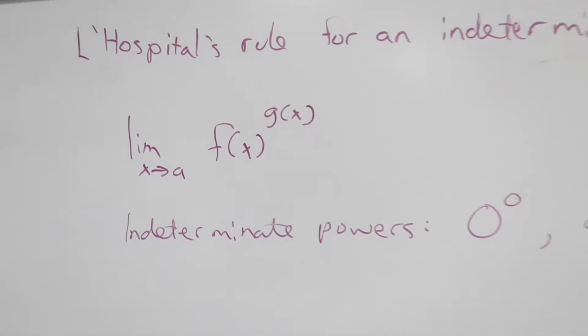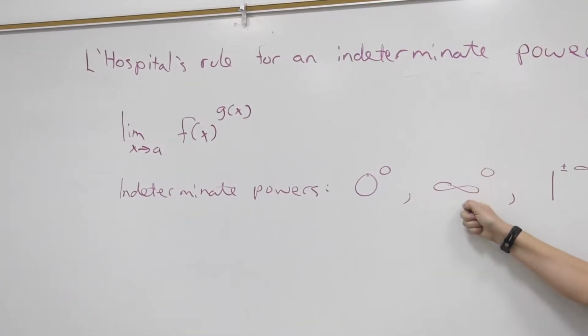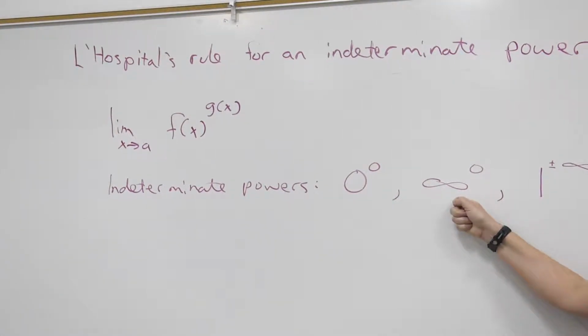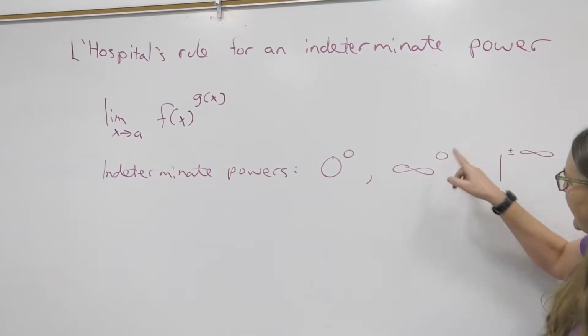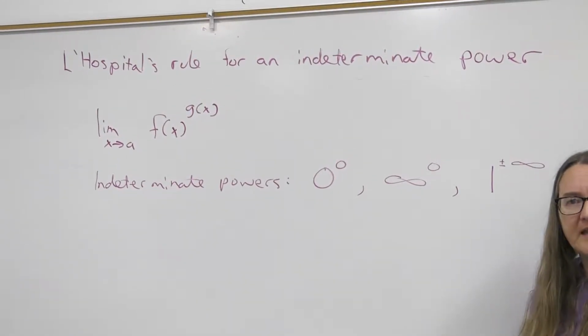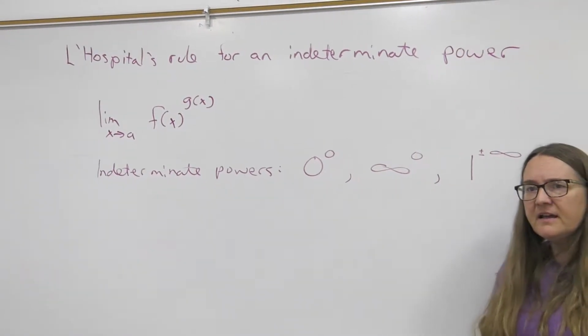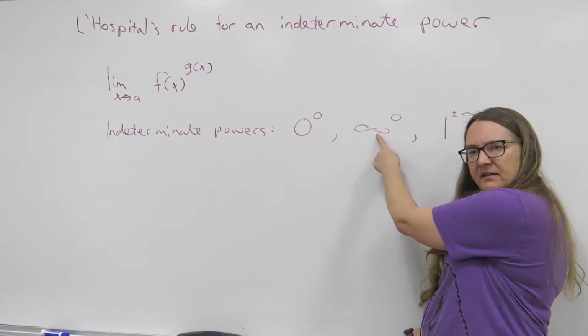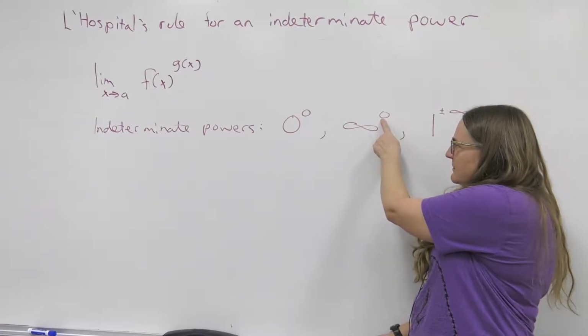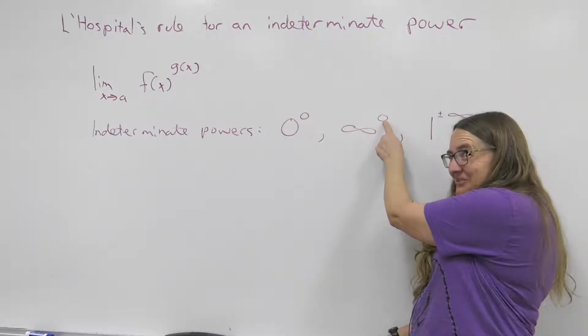Infinity to the 0, meaning that the base is going off to infinity, the exponent is going to 0. Well, again, anything to the 0 is supposed to be 1, so the exponent being 0 makes me think that I should be getting 1, but this base is really, really big. Now, remember the exponent is not exactly 0, it's just close to 0.